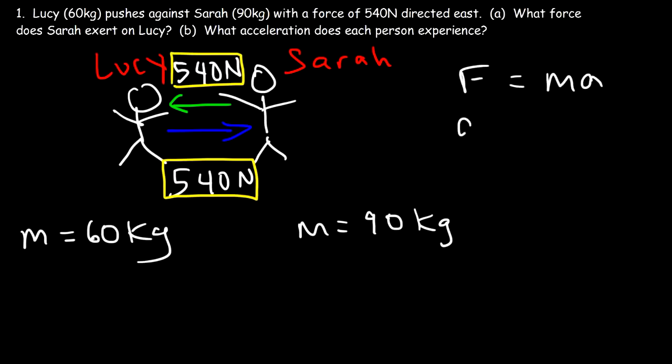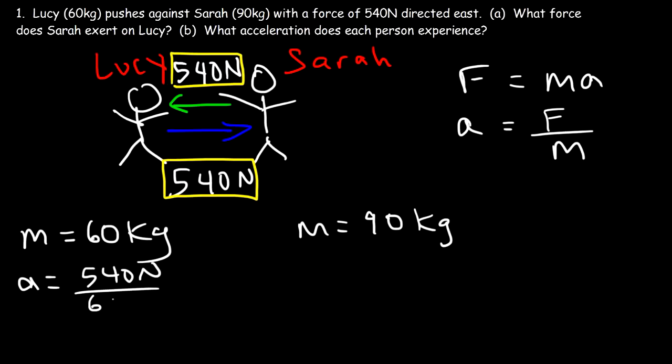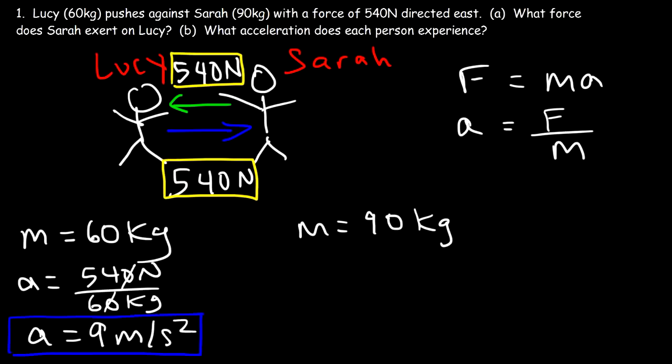Solving for a is going to be the force divided by the mass. So for Lucy, it's going to be a force of 540 newtons divided by 60 kilograms. So if you cancel the 0, it's 54 divided by 6, which is 9. So Lucy will experience an acceleration of 9 meters per second squared.